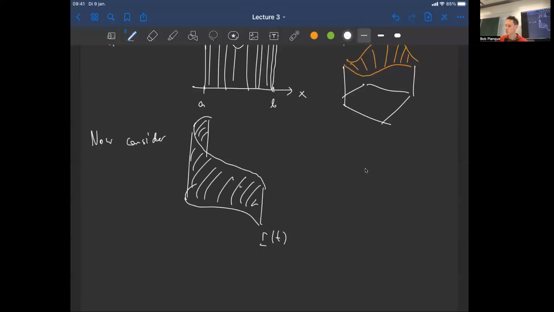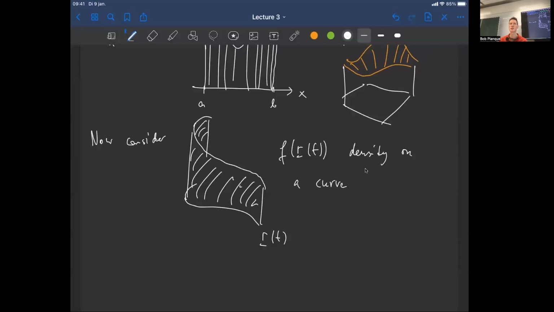And so f of r of t is now a density on a curve. And I would like to integrate this density. For instance, if it's a mass density, then if I do the integral, I get the total mass. If it's a temperature density, I would get the total temperature.